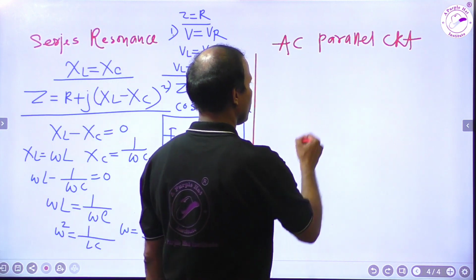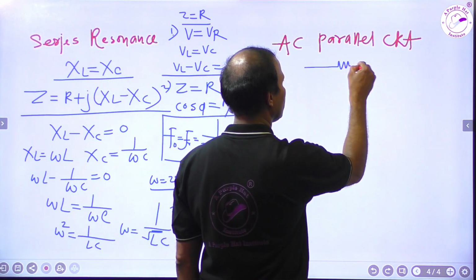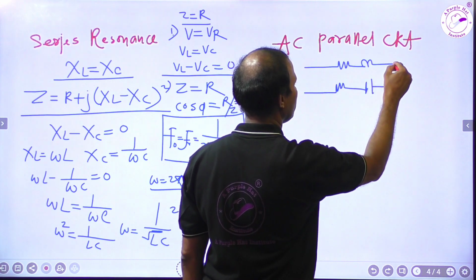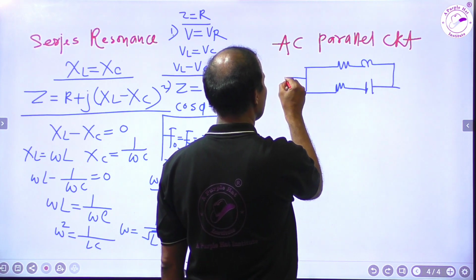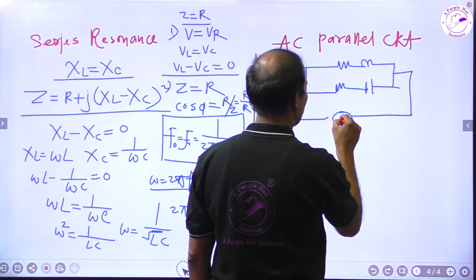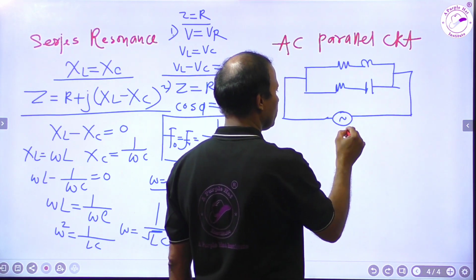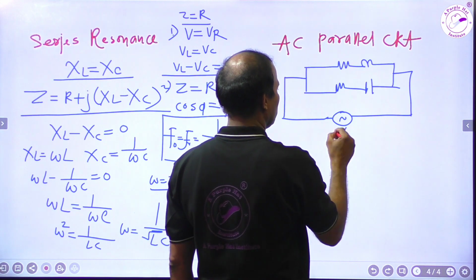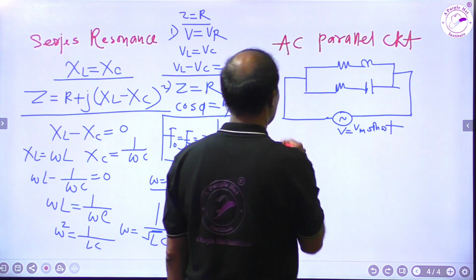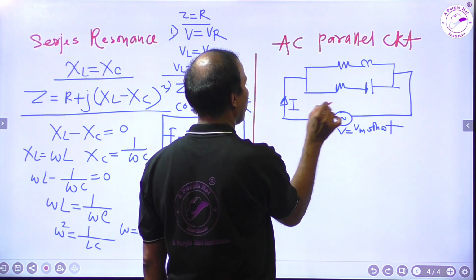Now the AC parallel circuit. Suppose we have a resistor and one inductor in one branch, and one resistor and one capacitor in the other. If this combination is connected across the source of supply, we will find the response. The supply is small v equal to Vm sin omega t. This is the RMS current I ampere.